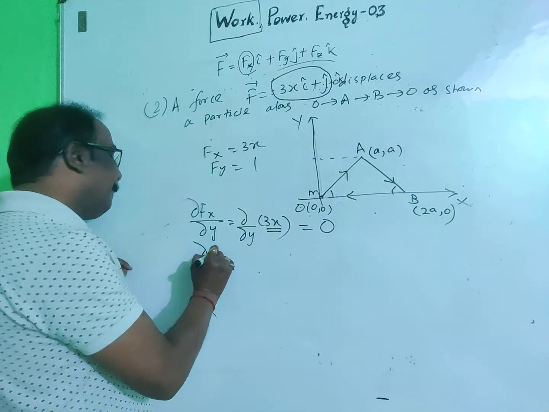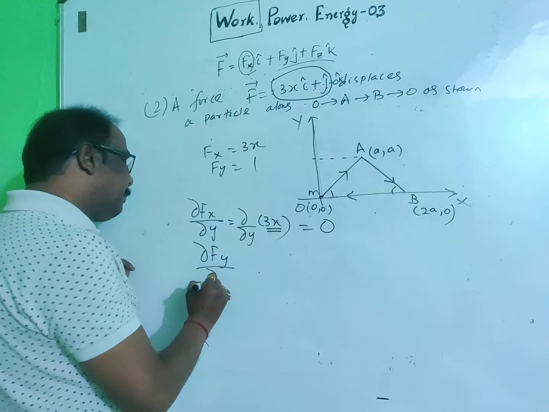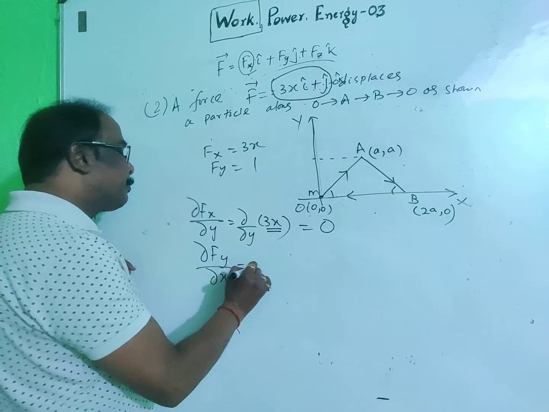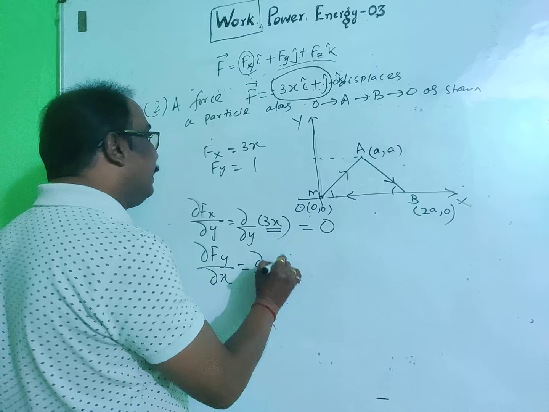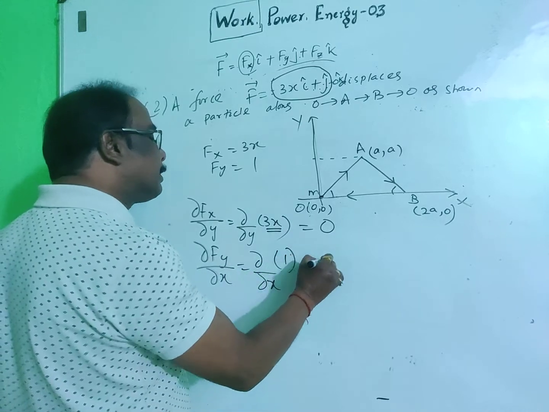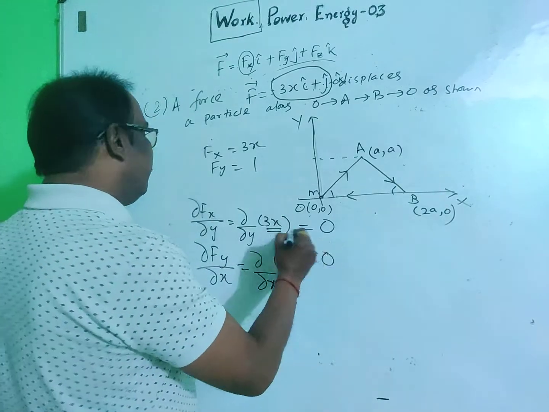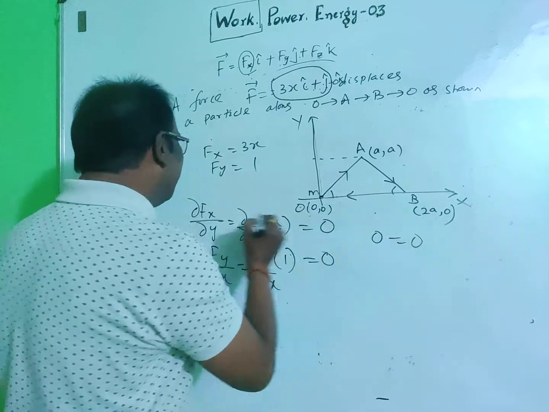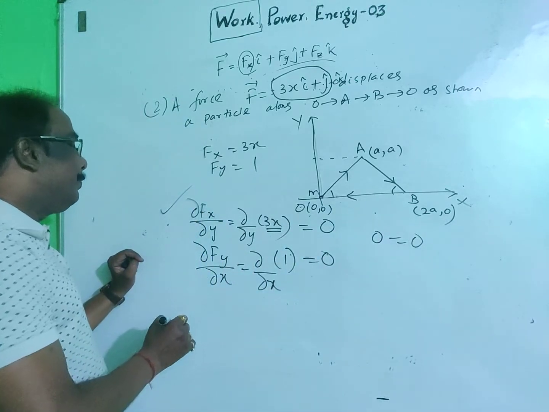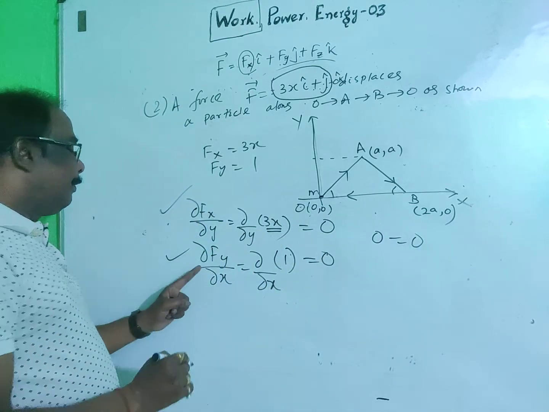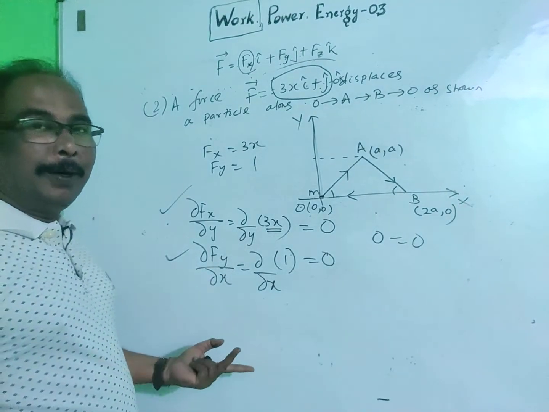Similarly, the partial derivative with respect to x, d by dx of Fy, which is 1, is again constant, so 0. So 0 is equal to 0. So d by dy of Fx is equal to d by dx of Fy, 0 and 0.